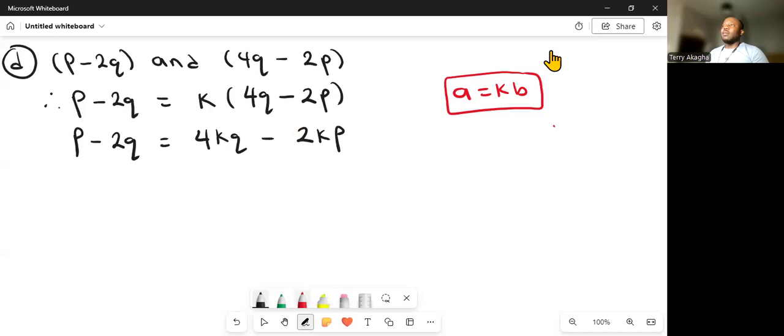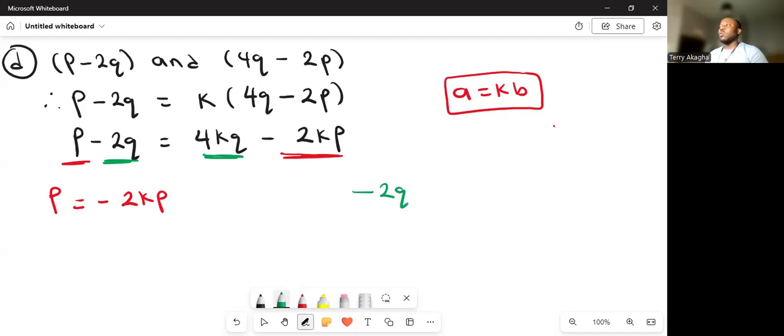For this to be parallel, this is P minus 2Q, and this is 4Q minus 2P. So the P must be equal to minus 2KP, while the minus 2Q must be equal to 4KQ.